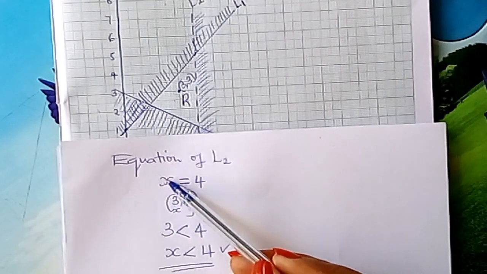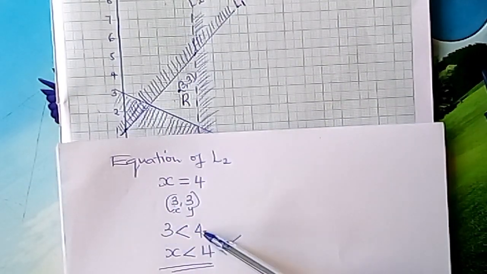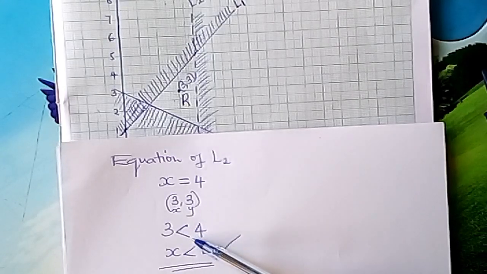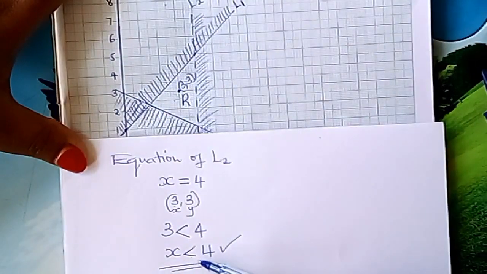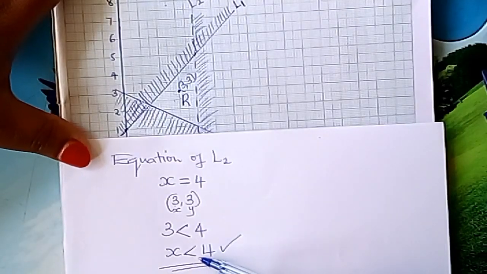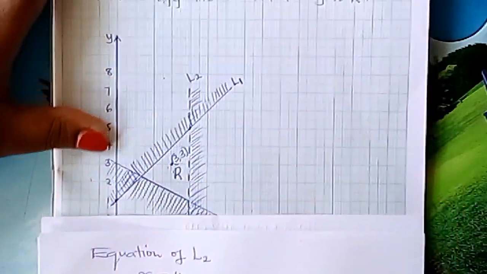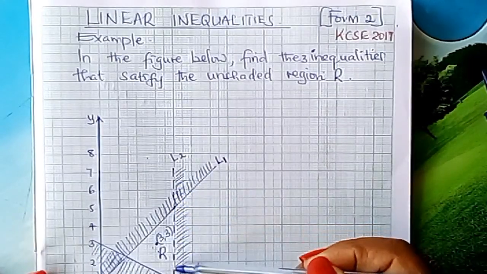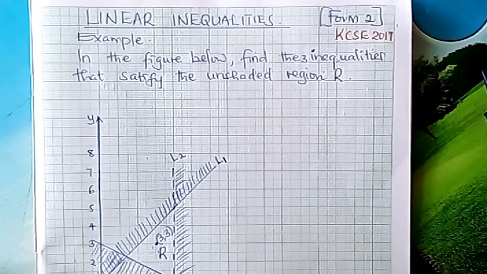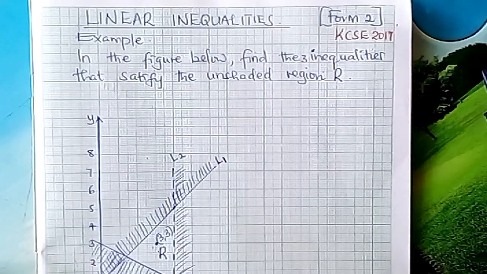You fix your 3 here, then you compare 3 and 4, therefore you need to put less than. And this one is not accompanied by an equal to sign, Lana, because our line was broken. Look at it. This is a broken line passing through x is equal to 4.